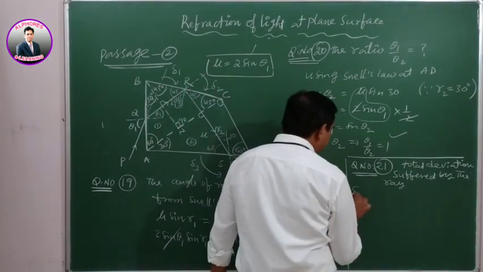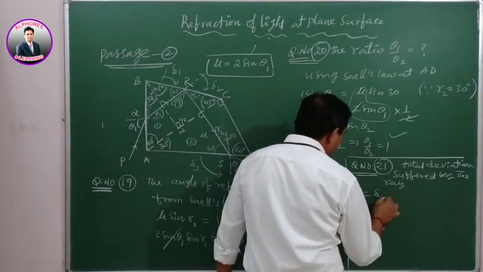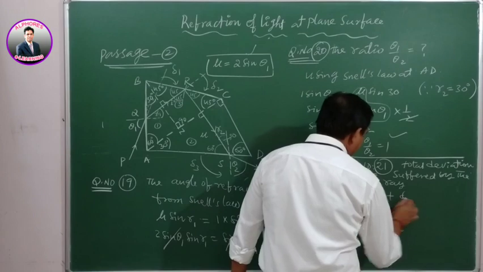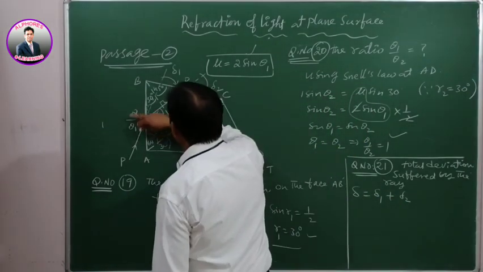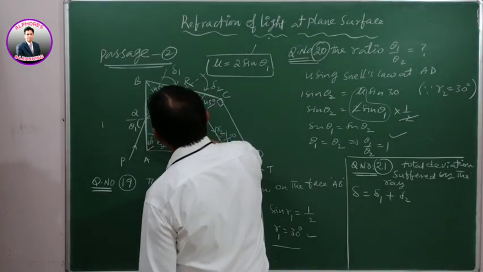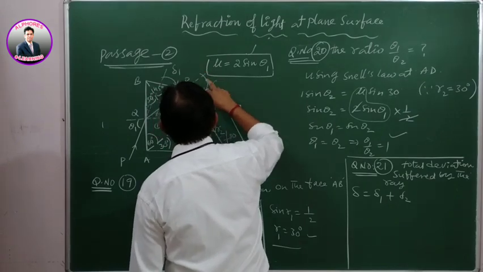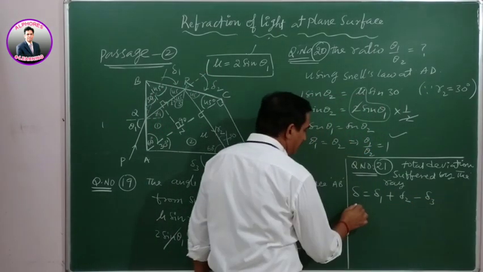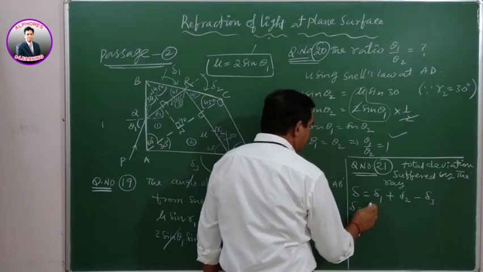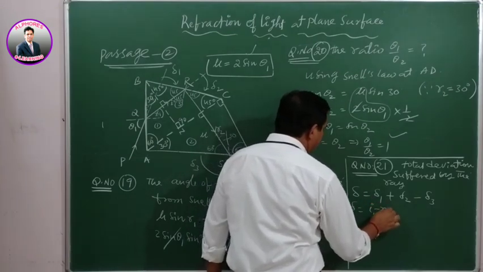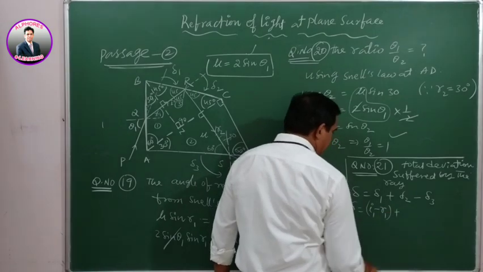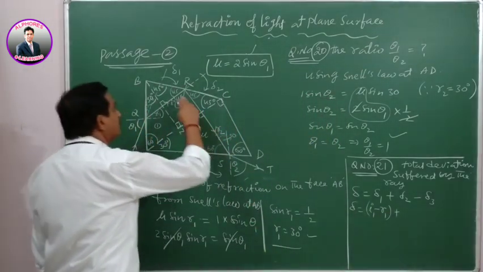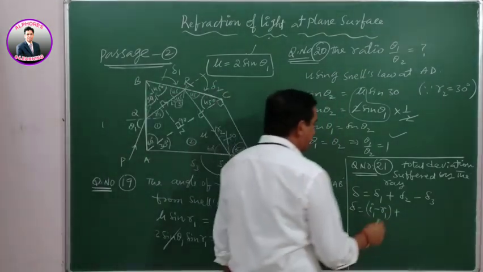Therefore total deviation is equal to delta 1 plus delta 2. These two are in the same sense, clockwise, and this delta 3 is anti-clockwise, so minus. Delta is equal to I1 minus R1 plus delta 2, which is 180 minus twice the glancing angle.